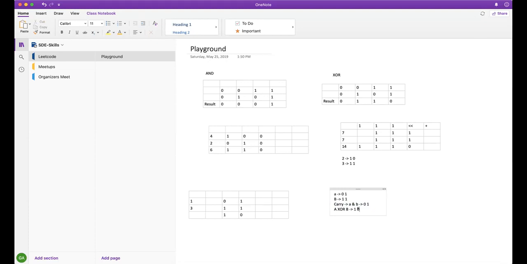Now we have this carry 0 0 1. Whatever carry we are getting, we have to left shift by 1 bit, because the carries need to be applied one position to the left.